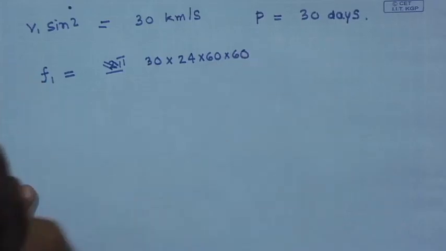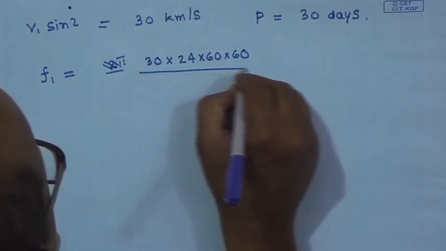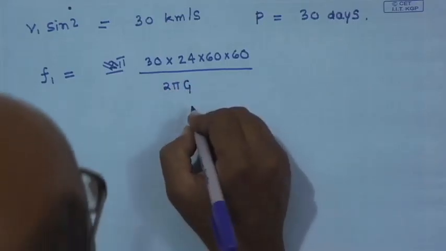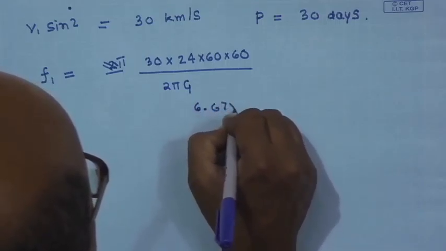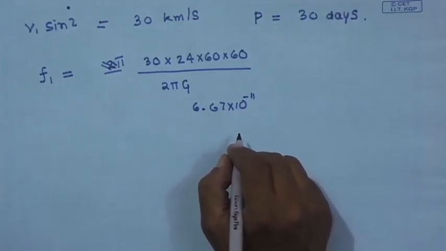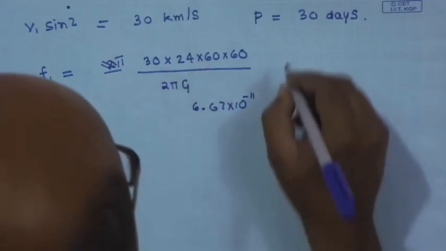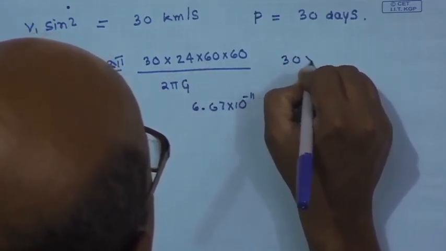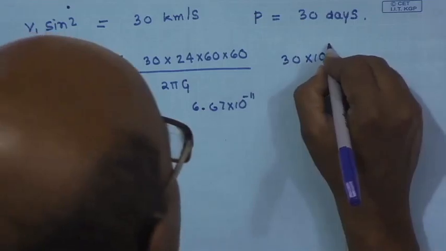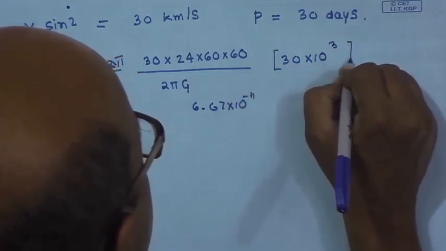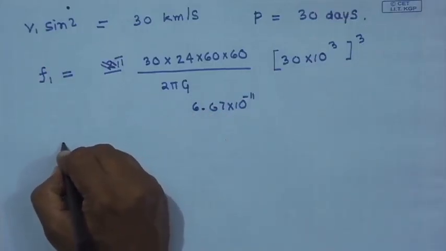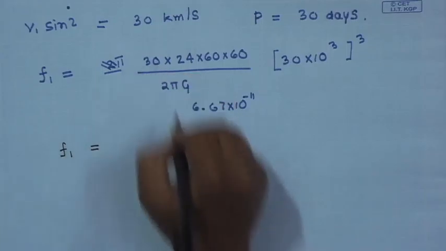So this is the period in seconds, divided by 2 pi G. We know the value of G is 6.67 times 10 to the power minus 11 in SI units, and then we have the cube of the velocity, which is 30 into 10 to the power 3, cubed.